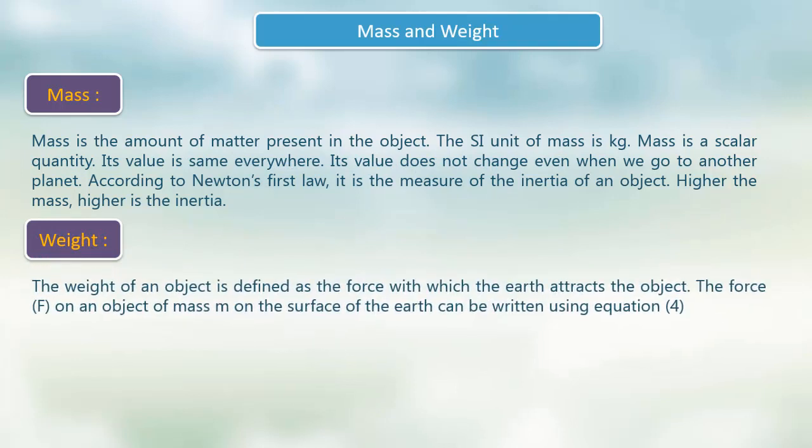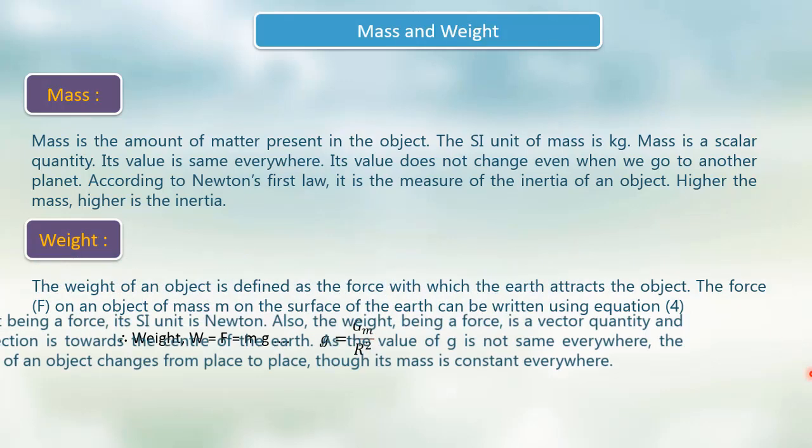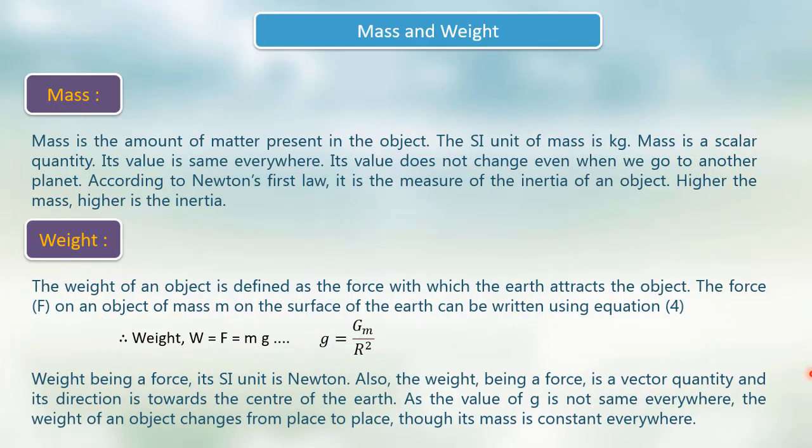The weight of an object is defined as the force with which the earth attracts the object. The force capital F on an object of mass small m on the surface of the earth can be written using equation number 4. Therefore weight is equal to F is equal to mg. Weight being a force, its SI unit is Newton.